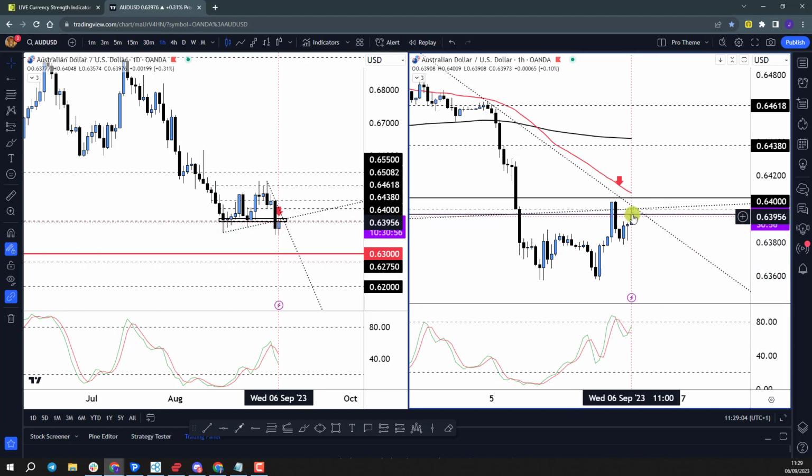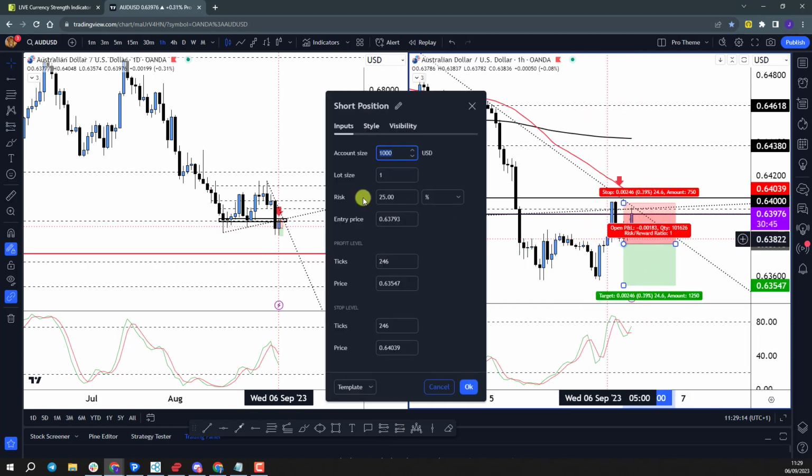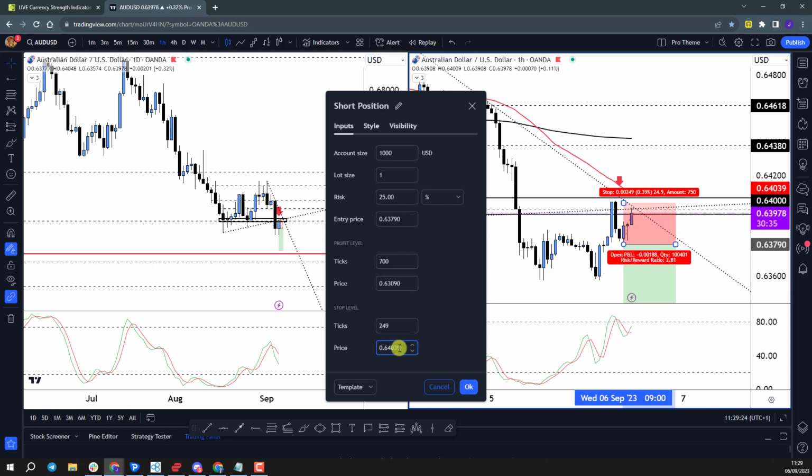Price has gone against us, but we're not in the trade yet, so I'm looking for entry at 63.79. If I actually just put the risk reward tool on here, it might be a little bit easier for us. So 63.79 on the entry. The first profit level is 63.09, and the stop loss level was 64.29.